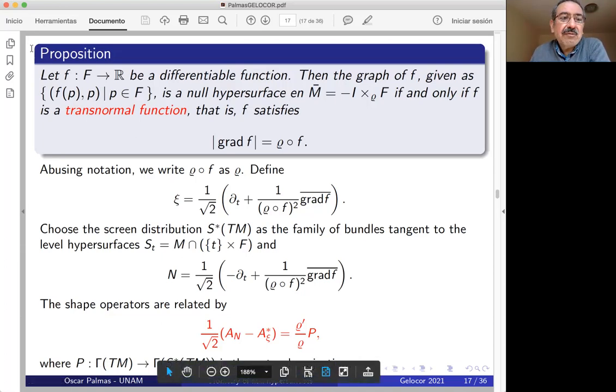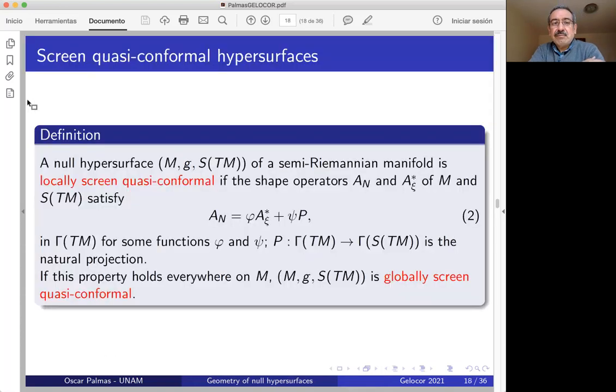So it is natural to extend the definition of Attendant and Dugal by giving this definition. We say that a null hypersurface is locally screen quasi-conformal if the shape operators are related in this way, like in the previous example.